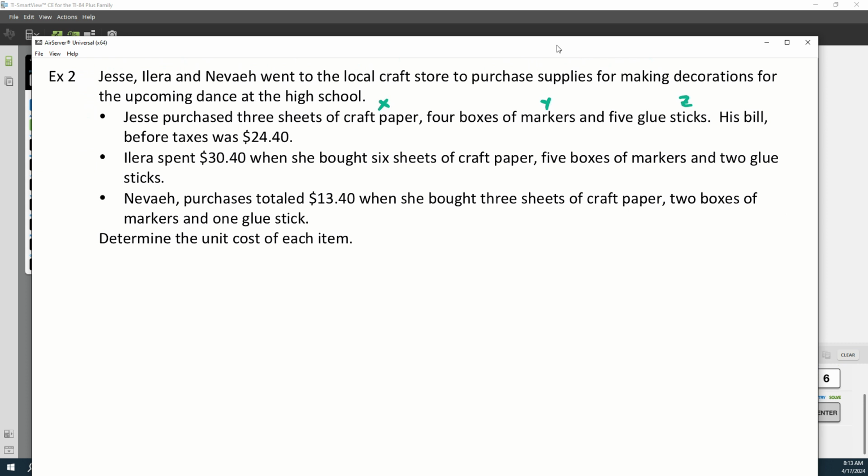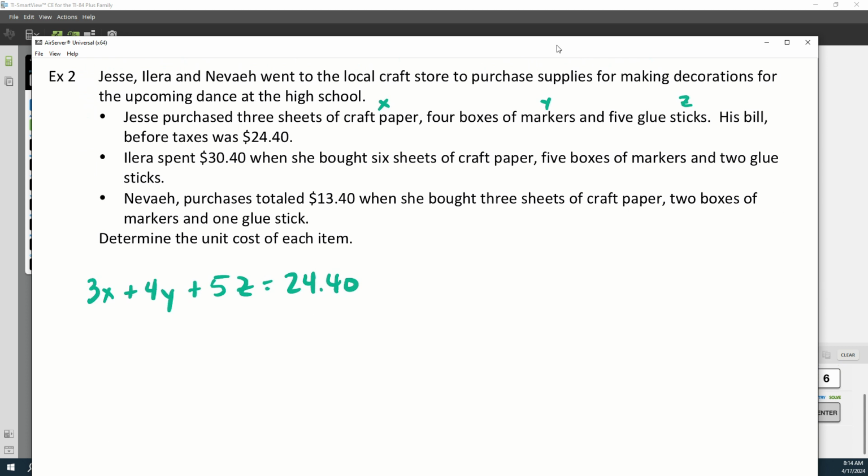And we're going to do the same thing we just did with the points for the Heisman Trophy. So this would be 3X plus 4Y plus 5Z is going to equal 2440.